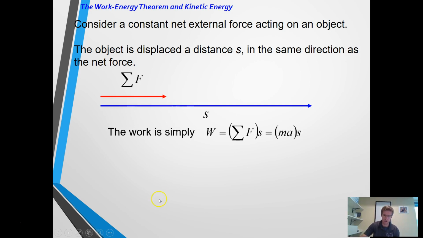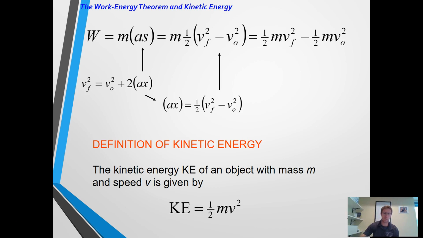Now, if you recall, Newton's second law tells us net force equals mass multiplied by acceleration. So I'm going to put these ideas together. If you take work and set it equal to mass times acceleration times displacement, which is just net force times displacement, and look at our equations of motion, acceleration multiplied by displacement comes from one of our equations of motion.